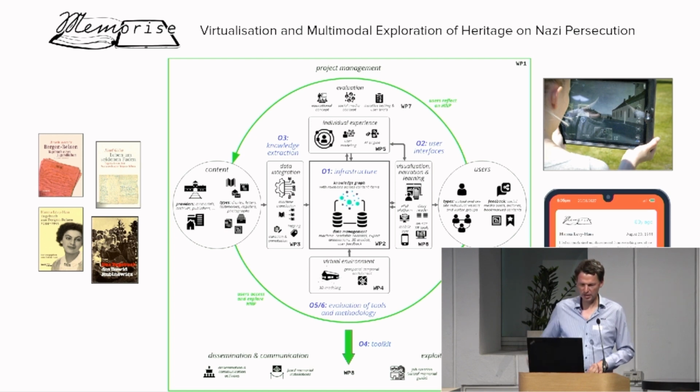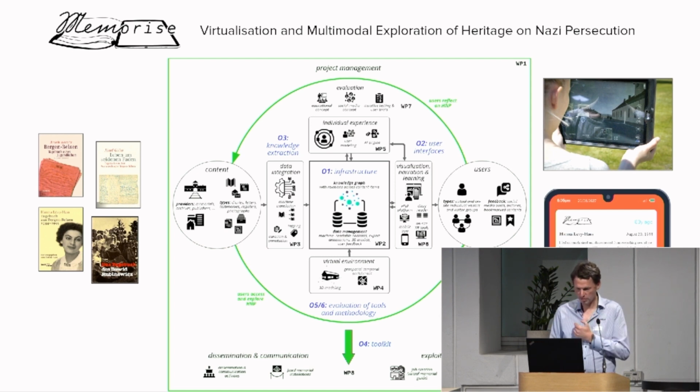So MEMORISE, to move on to the next project, is a Horizon Europe project, and this was an initiative right at the beginning of the Horizon Europe program where we were facing COVID. The EU was very concerned with creating digital tools for preserving cultural heritage and for making cultural heritage also accessible in digital forms.